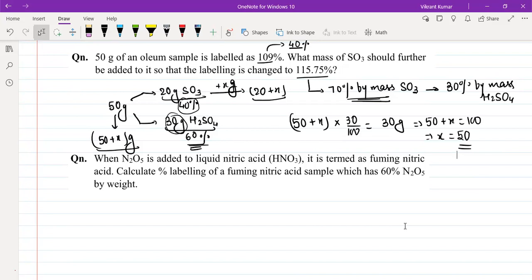So in that manner, percentage labeling for fuming nitric acid has been defined, and it is asking if you are having 60% by weight of N2O5, like last time हम लोगों ने percentage by weight of SO3 से percentage labeling को relate कर लिया था. In the same manner, it is asking just relate the percentage by mass of N2O5 to the percentage labeling. But it is in the case of fuming nitric acid. It is not fuming sulfuric acid or oleum.